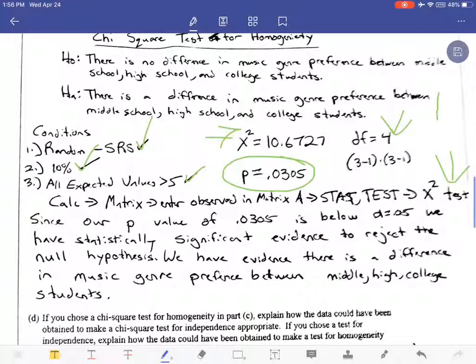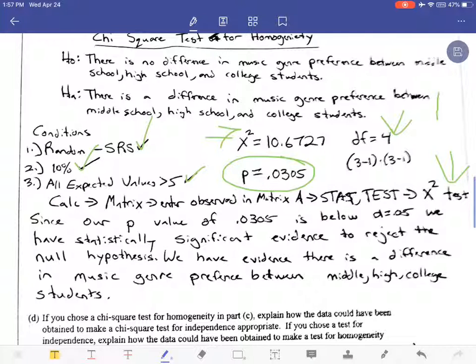Since our p-value is below that, we have statistically significant evidence to reject the null hypothesis. And that second sentence, remember, we want to have that context. So we have evidence that there is a difference in music genre preference between middle, high school, and college students. That's it. That's our interpretation.